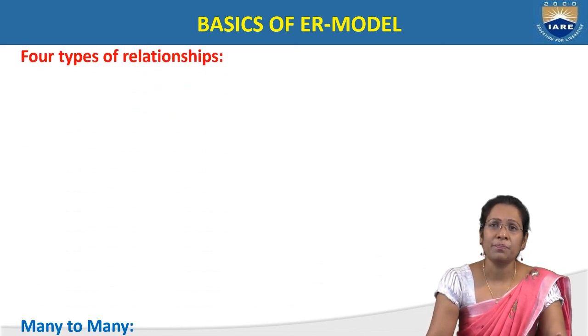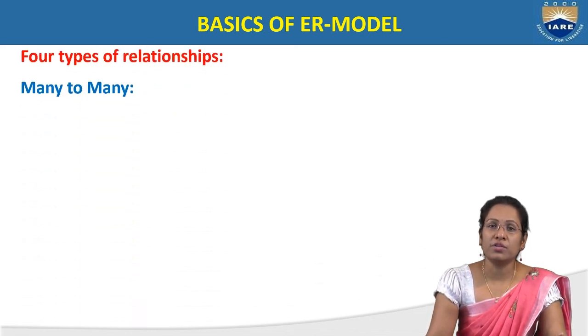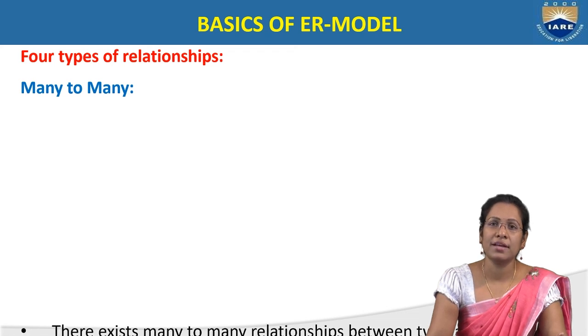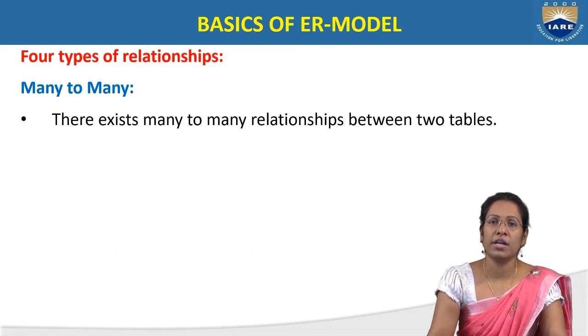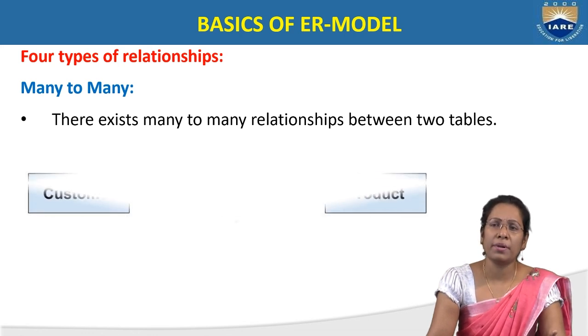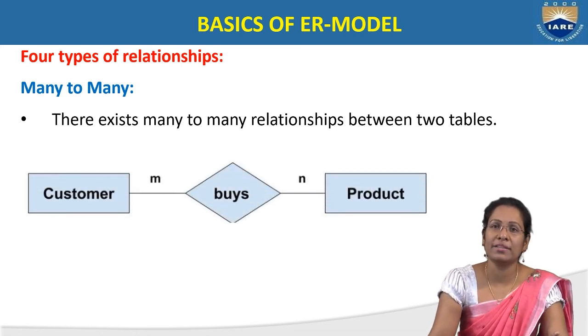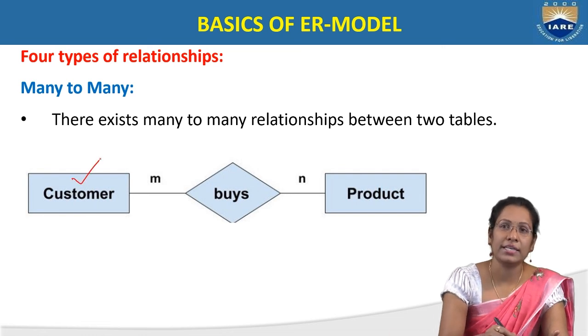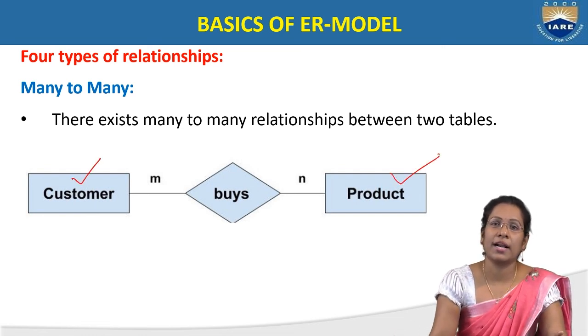Next, last one, that is many to many. This type of relationship exists when many records in one table are related to many records in another table. So for a many to many relationship between two different entities, we need to make use of many to many mapping cardinality. Here I am going to take the example: customer is an entity and product is another entity.